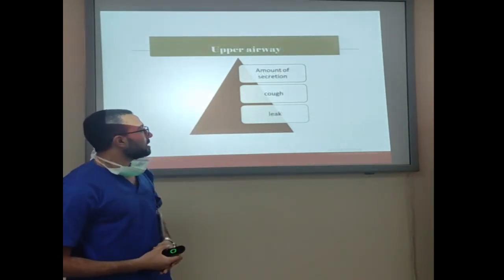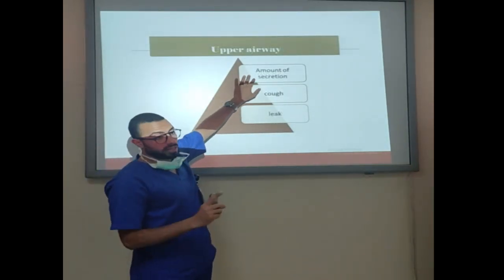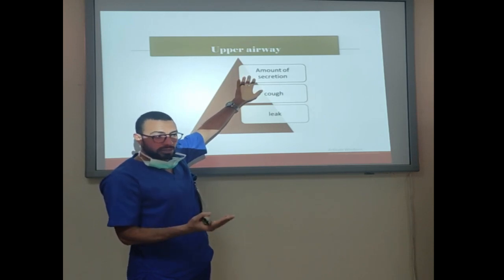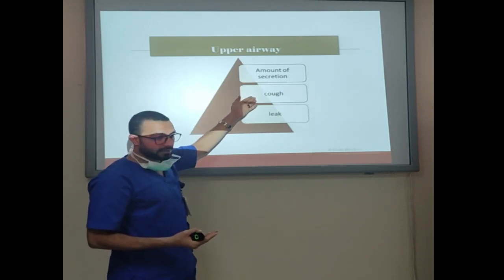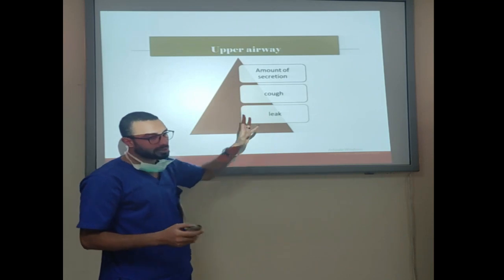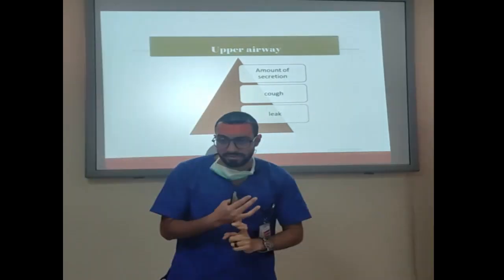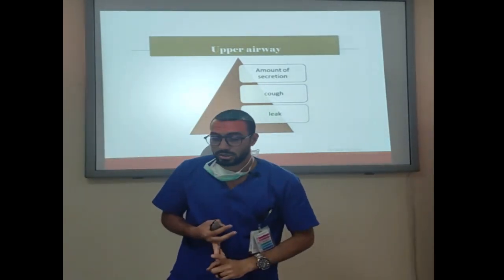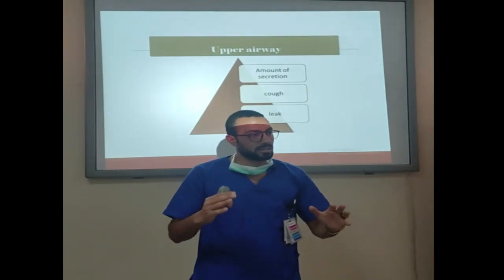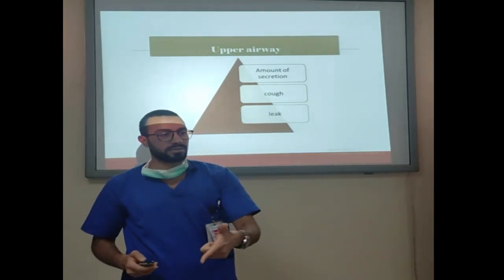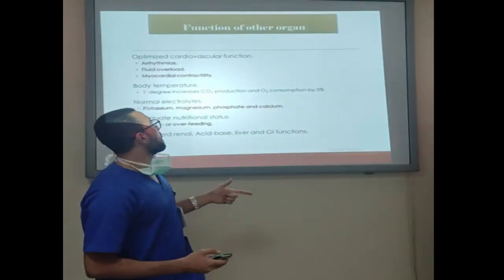So for the upper airway, you should check the amount of secretion. I mean the patient can expel secretion, can cough. Leak, it means the patient can cough and expel the secretions out. So the patient is cooperative and can cough himself. You should have this.